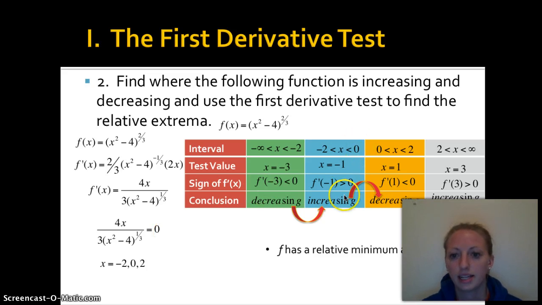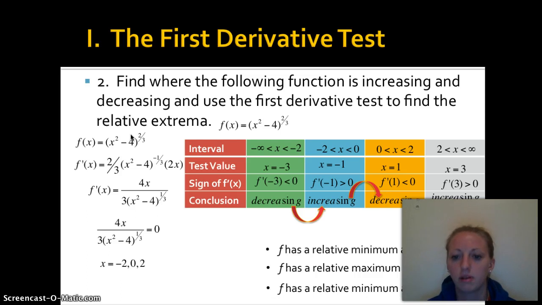At 0, it's increasing and then it changes to decreasing. So 0 has a maximum. If I plug 0 in, I get about 2.52, and then at 2 it's another minimum, and that is 0.